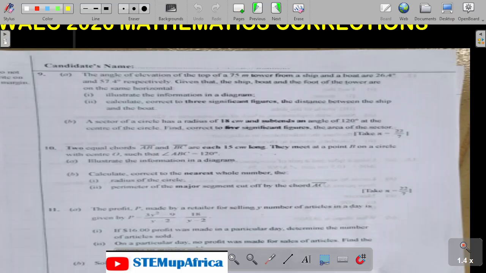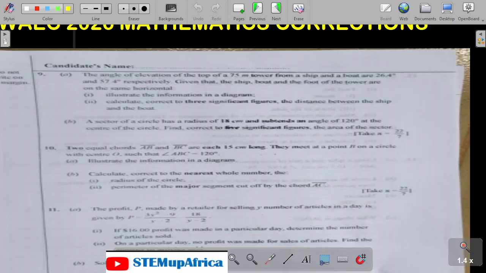It said the angles of elevation of the top of a tower from a ship and a boat are 26.4 and 57.4 respectively. So we have the two angles of elevation. One is 26.4 and the other is 57.4, also from a tower.